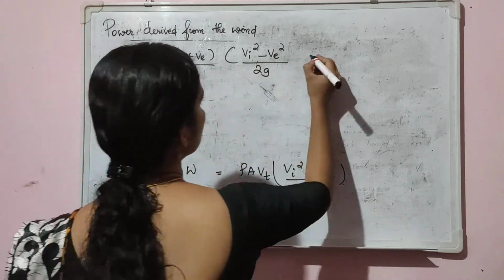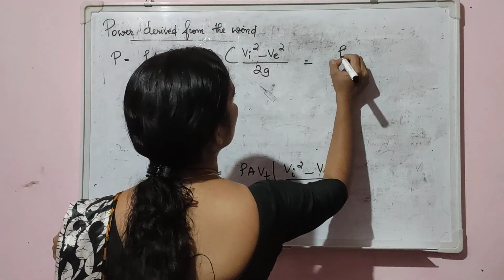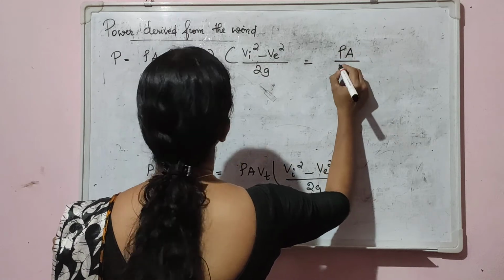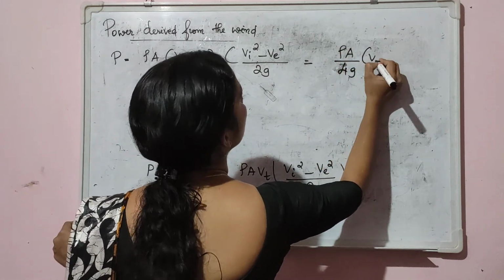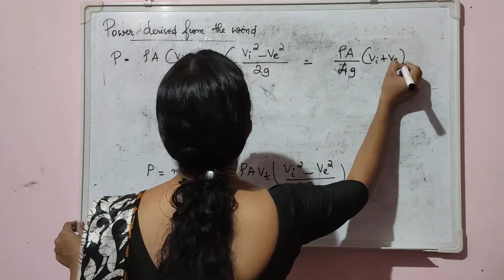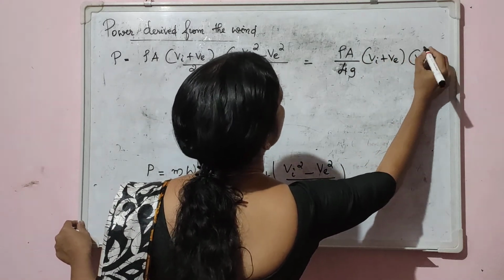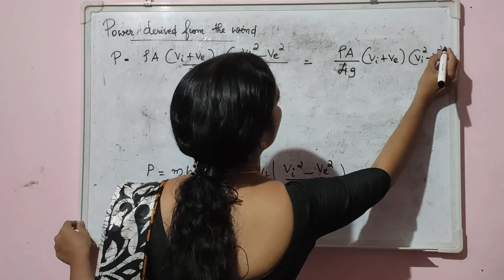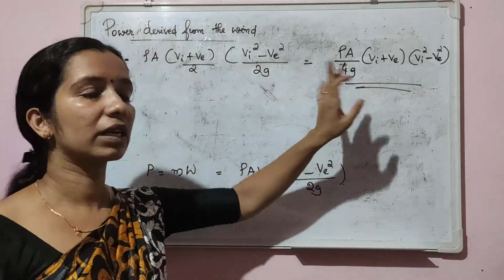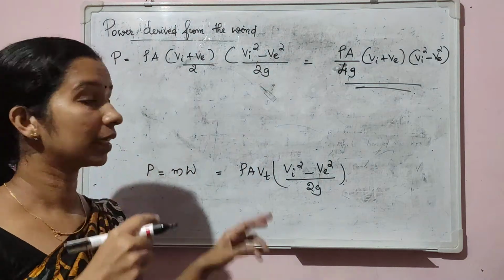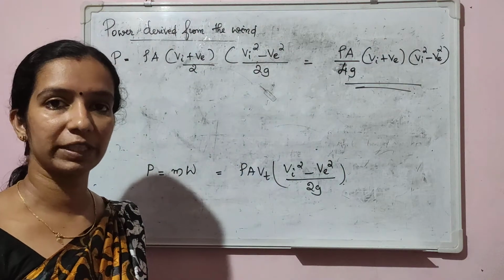So that becomes rho A divided by 4g into Vi plus Ve into Vi square minus Ve square. So this is the expression for power output of a wind turbine.